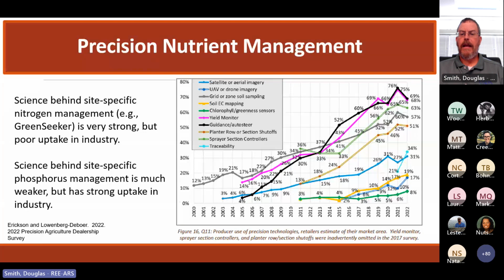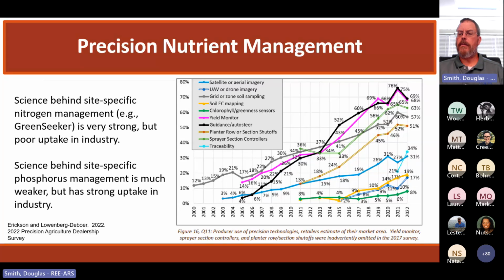And if we look at how this tracks over time, this particular graph shows how those dealers estimate the adoption of the technologies in their region on a land area basis. So you can see this gray bar here represents the grid or zone sampling, and much of the variable rate fertilizer applications are based on zone or grid soil map or sampling strategies.